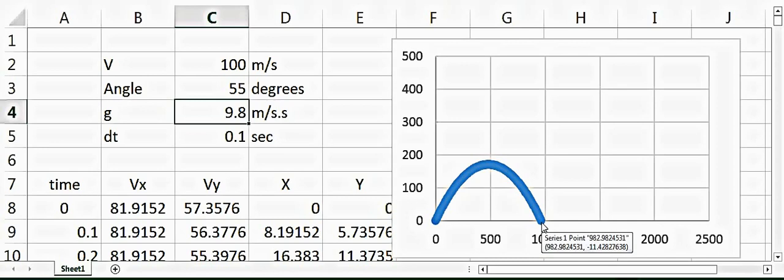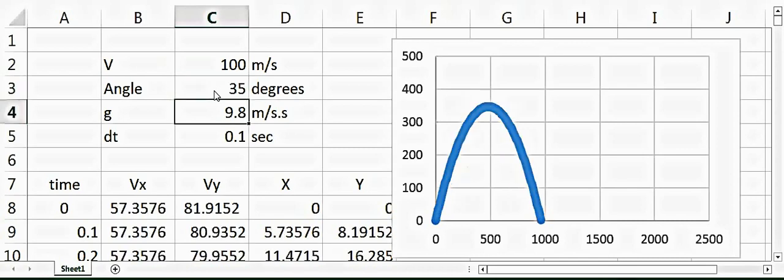When I was throwing at 45 degrees, it was going to 1050, but when I throw at 55, it goes to around 950. And again, if I throw at 35, it goes to around 975. So the maximum distance you will cover is when you throw it at 45. This confirms that our simulations are correct.